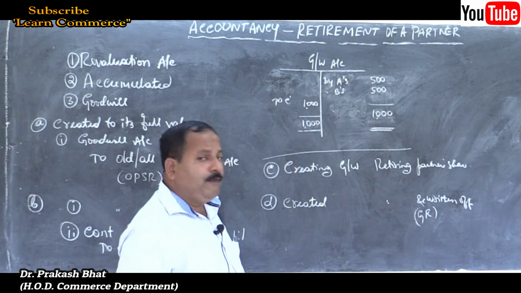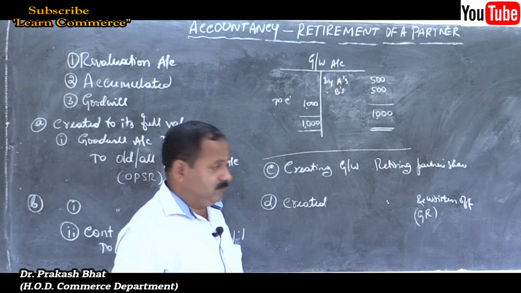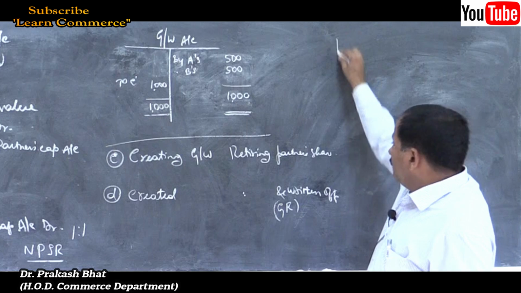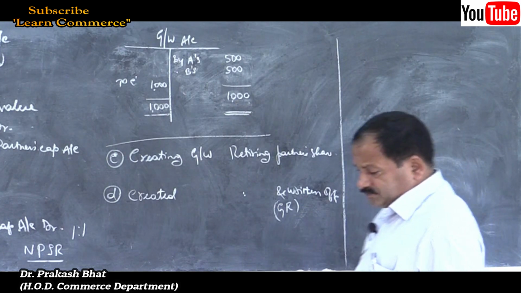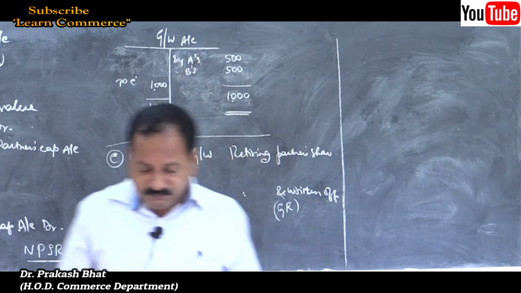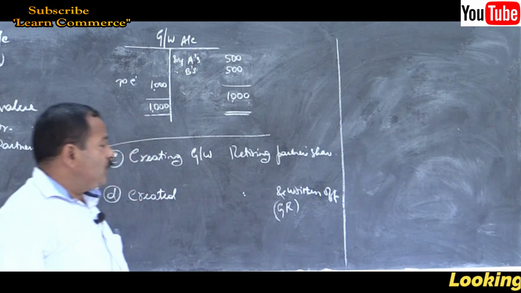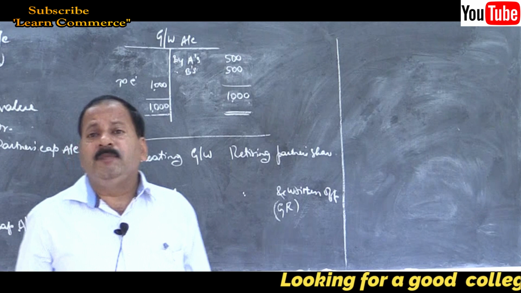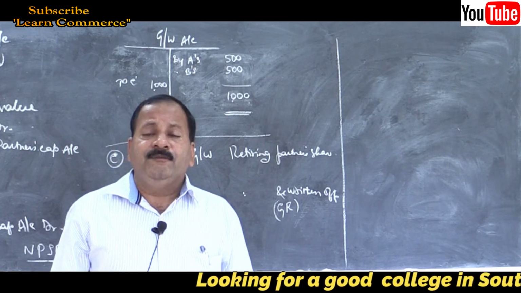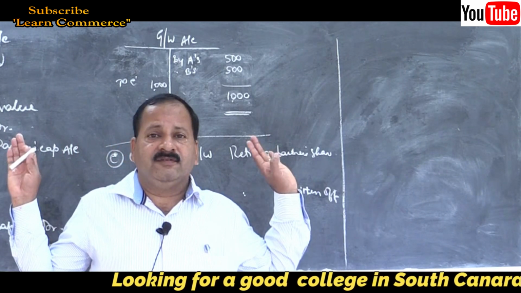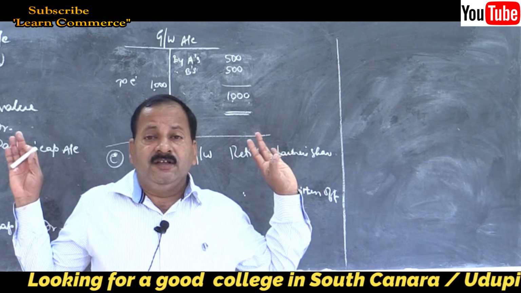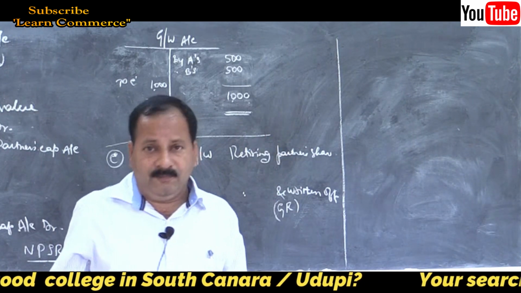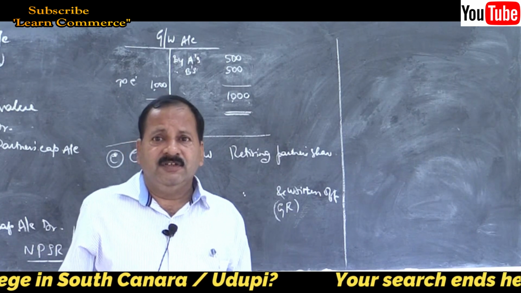Now moving on to the fifth method, method 5. Very simple. Under this, what happens is that goodwill should be created without raising the goodwill account. That means in your entire solution, the word goodwill should not come. How to do it?